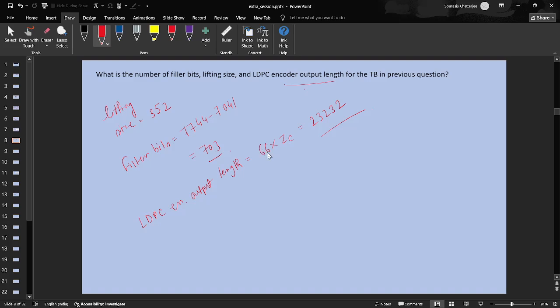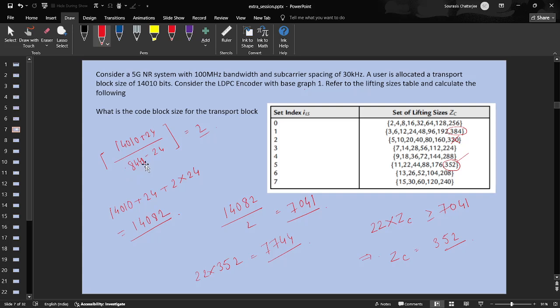Whenever base graph 2 is mentioned, the table also changes, and this number will also change. The maximum length is not 8448. I don't exactly remember, it's around 3552, something in the 3.5k range.